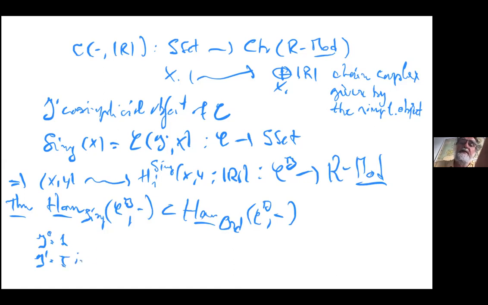So for some interval, okay, it's just an object, and this functor, this subfunctor, is representable.